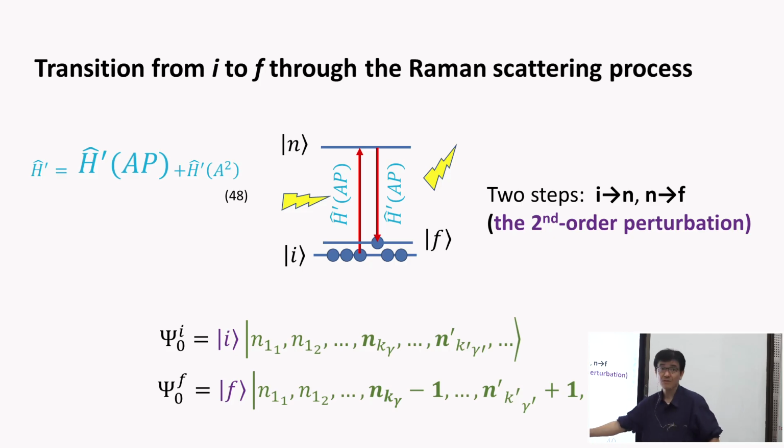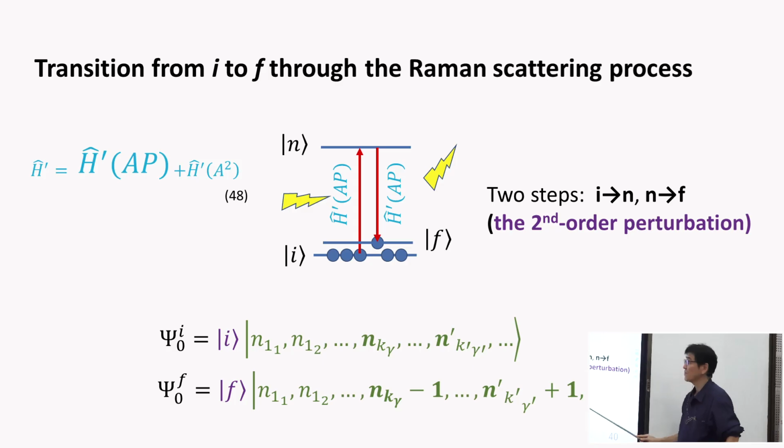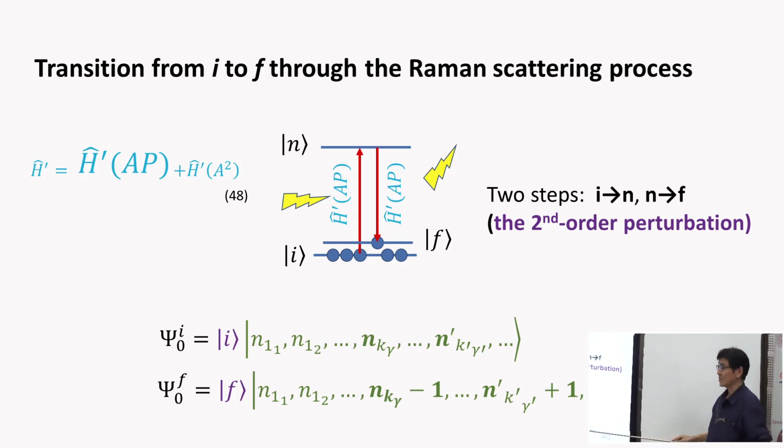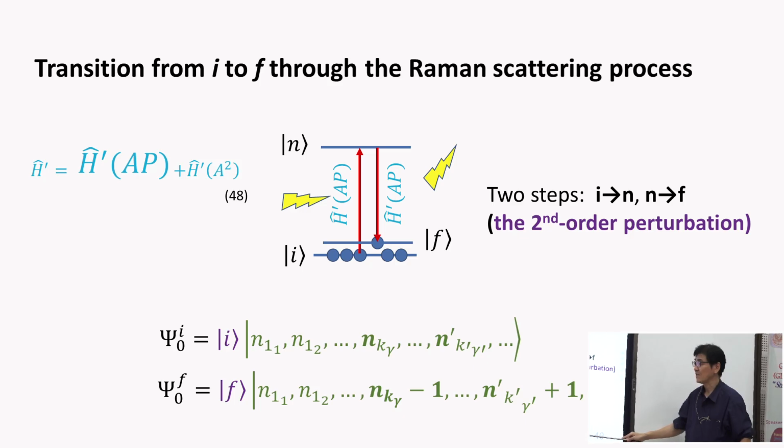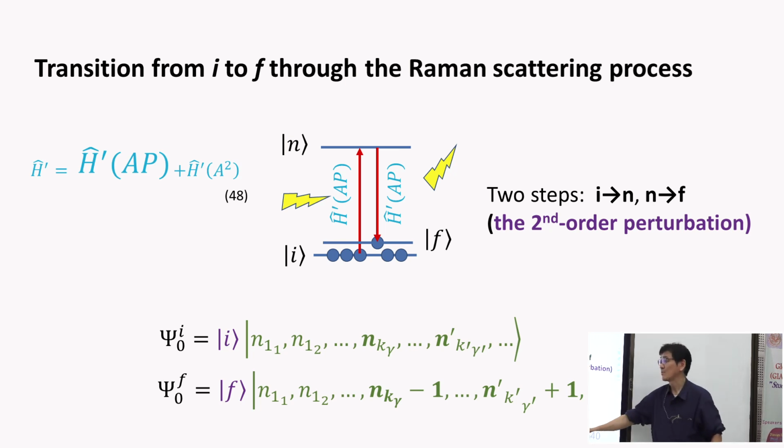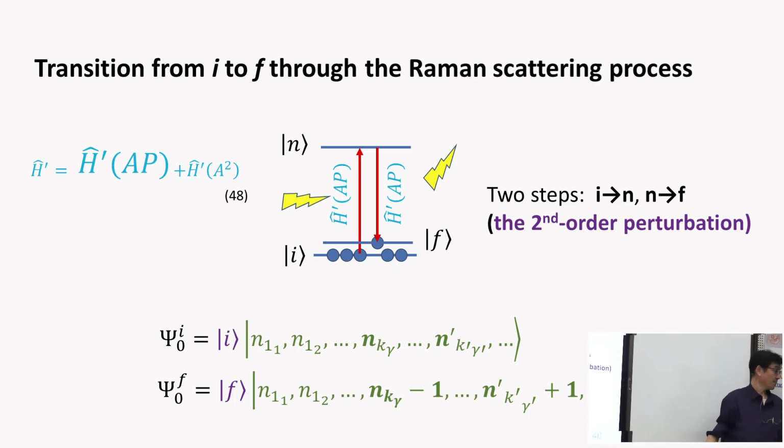The wave function includes the molecular wave function F for the final state and the number of photons. Something decreases by 1, something increases by 1. This is some photon disappears, a new photon appears. So the Raman process is expressed in this way.